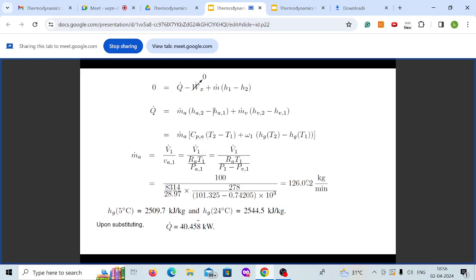The mass of air we have found out. On substituting that, we can find the amount of heat which has to be supplied to increase the relative humidity to 25 degrees Celsius. So Q will come out to be 40.458 kilowatt.